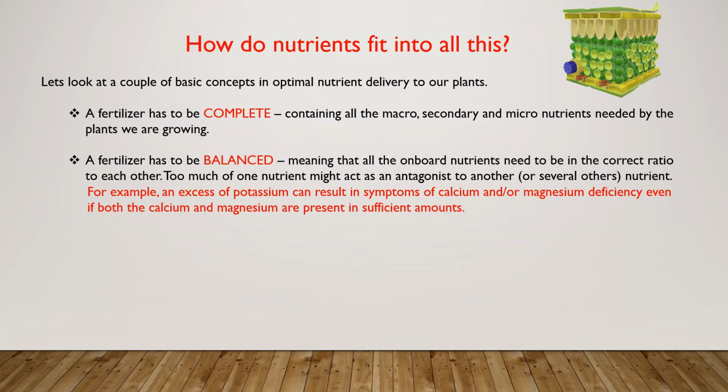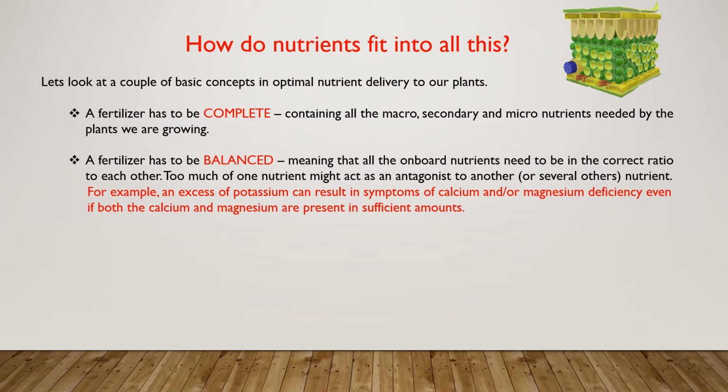Too much of one nutrient, and this is critically important, too much of one nutrient can act as an antagonist to a singular or multiple nutrients within that nutrient solution.